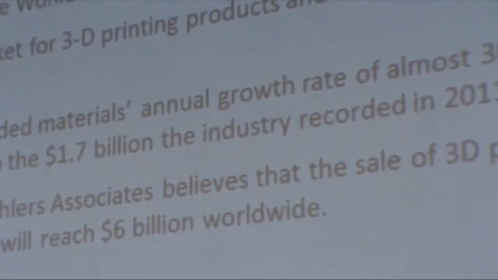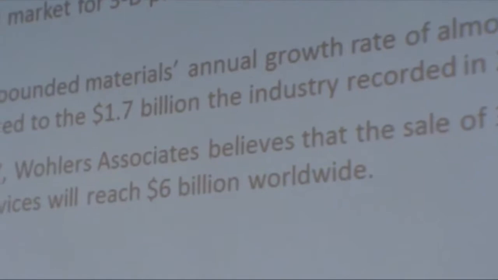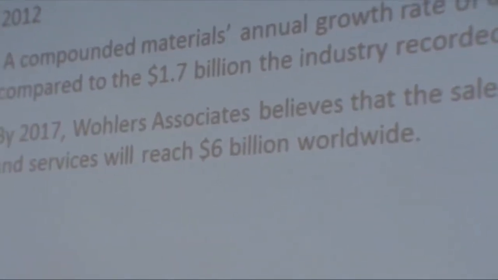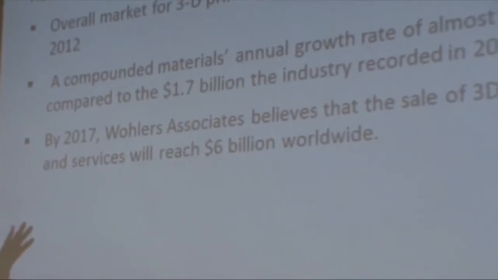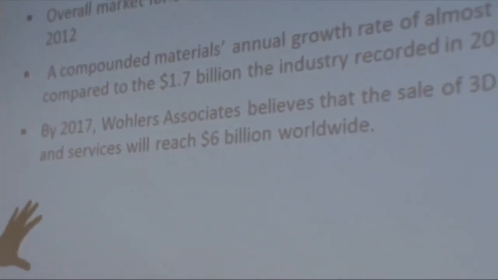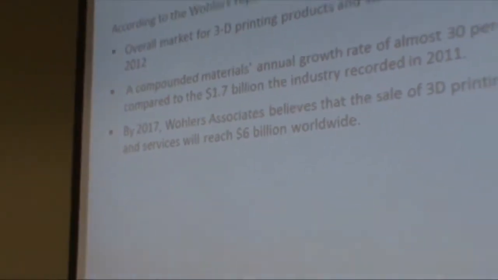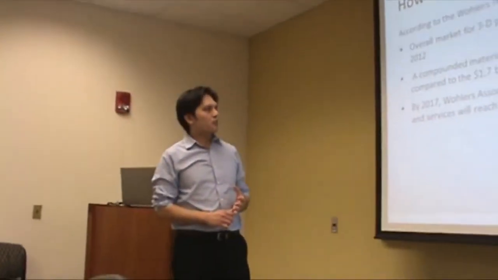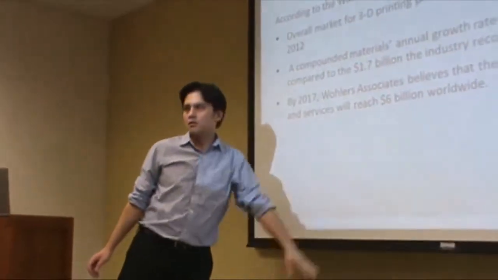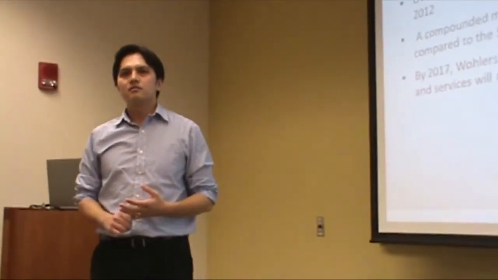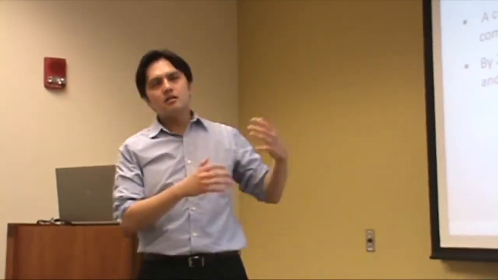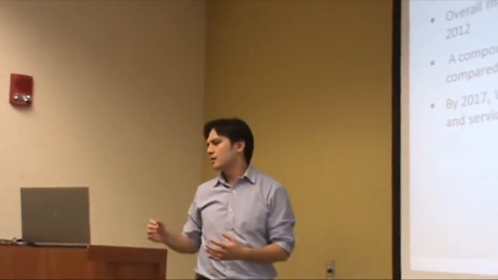It has really grown a lot, as you see here. And by 2017, the prediction is that 3D printing products and services will grow even bigger, reaching about 6 billion worldwide. So you see that this technology is growing very fast.